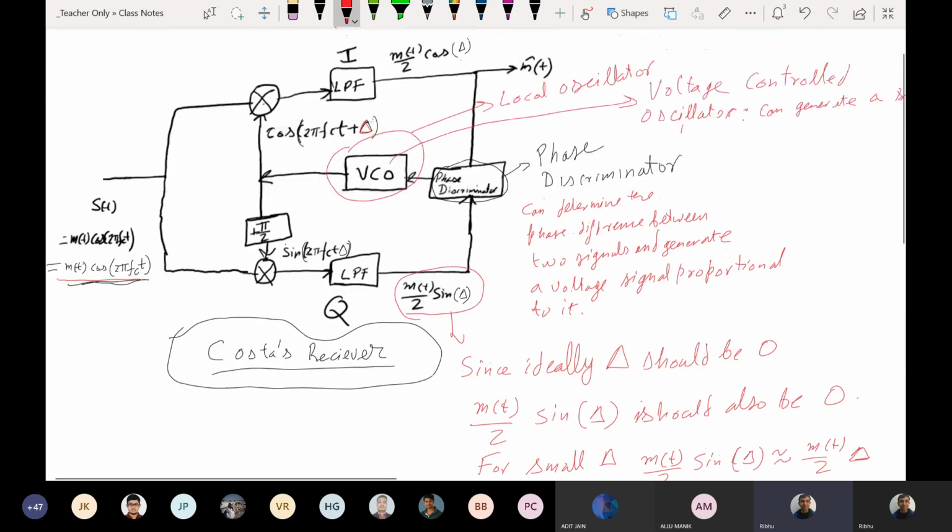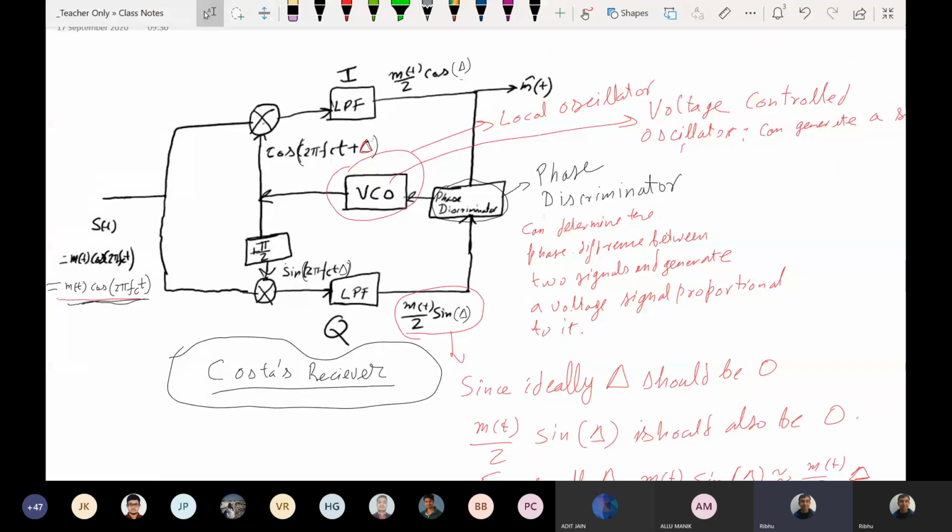The phase discriminator simply divides the two voltages and feeds the result to the voltage controlled oscillator. When the input to the voltage controlled oscillator is zero, it won't change anything, so it stays fixed. We'll discuss this in greater detail when we discuss the phase lock loop.